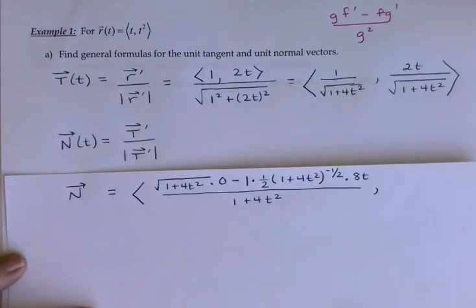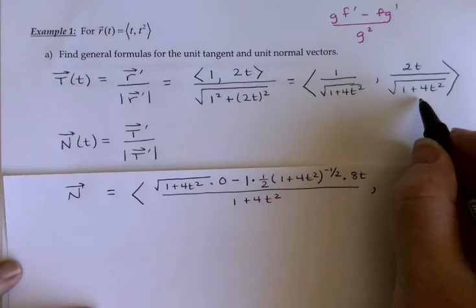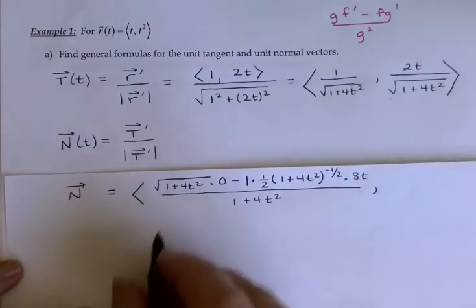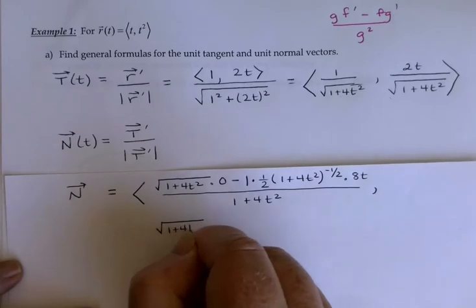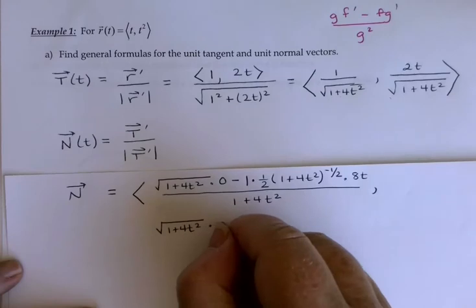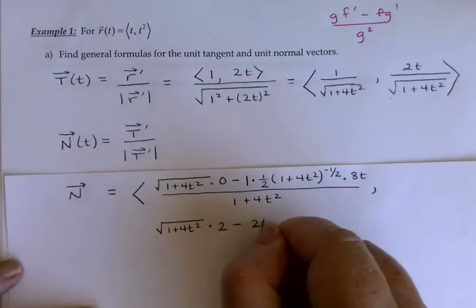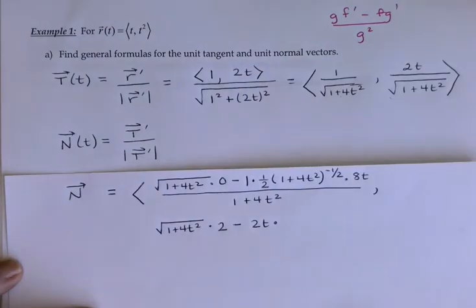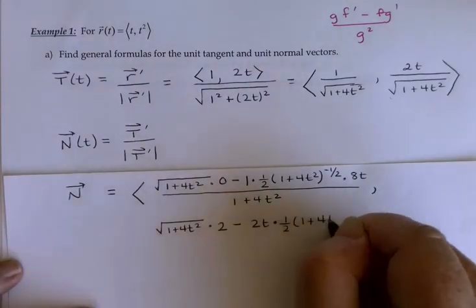Comma. Start a new line because that was pretty lengthy, and I'll have another one here. Same thing here. I take the denominator times the derivative of the top, which would be 2, minus the top, 2t, times the derivative of the denominator. Same as before.